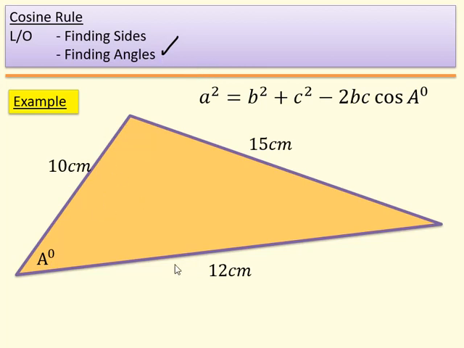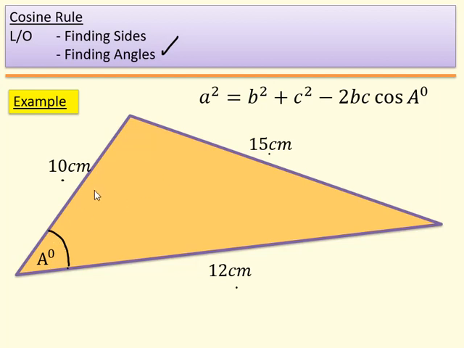Okay, so let's say we have this triangle here, and we know all three sides, we know how long all three sides are, and I want to work out this angle here in this bottom left hand corner. If you remember, this is the cosine rule for working out how long a particular side is.